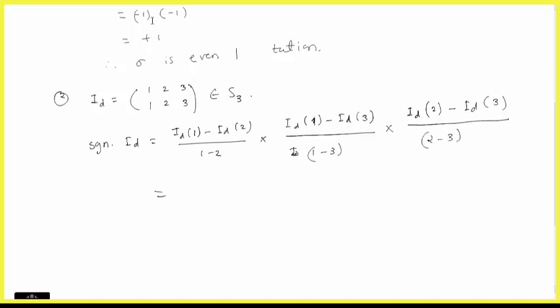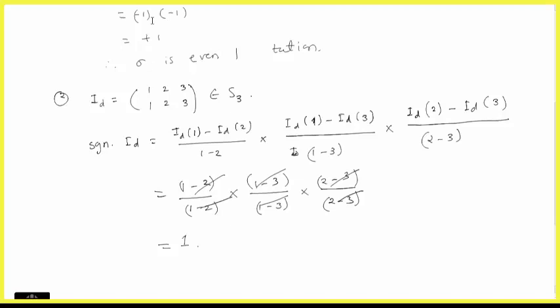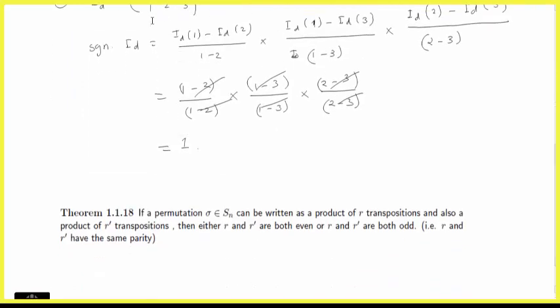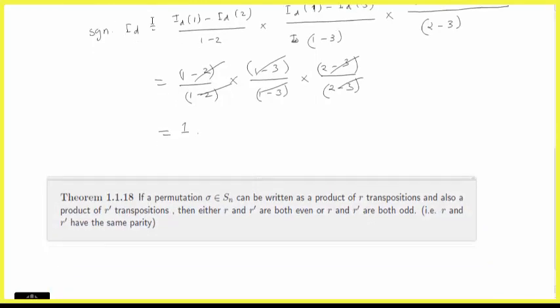So ID of 1 is 1, that's 1 minus 2 divided by 1 minus 2, into 1 minus 3 divided by 1 minus 3, into 2 minus 3 divided by 2 minus 3. If you take each bracket, no doubt each is equal to 1, each bracket cancels with itself. So this is equal to 1. Therefore, the identity permutation is always an even permutation.